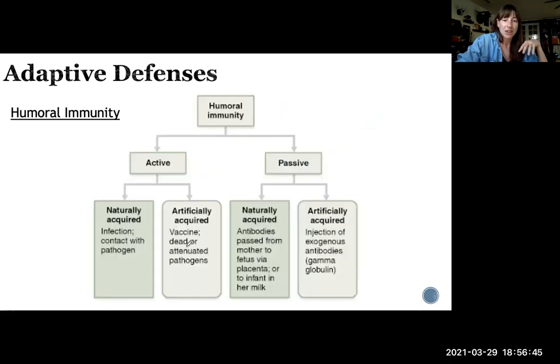You can have dead or attenuated pathogens, or, and this is where I'm going to bring up the COVID vaccine, you can now have messenger RNA, or mRNA, right?